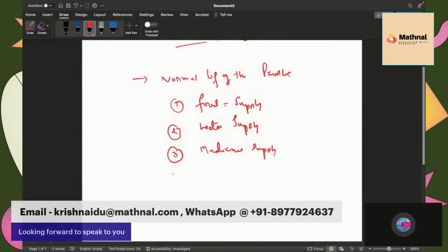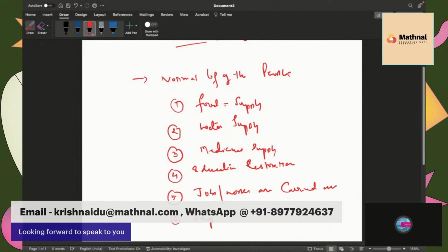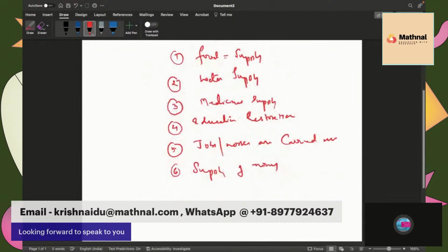Fourth is the education of their people, restoration of schools and colleges. Fifth, jobs or work are carried out. Sixth, the supply of money, and seventh, one of the most important, is shelter to live.